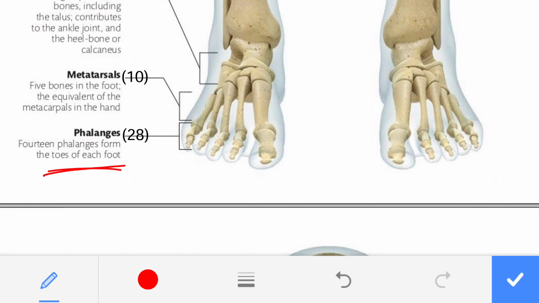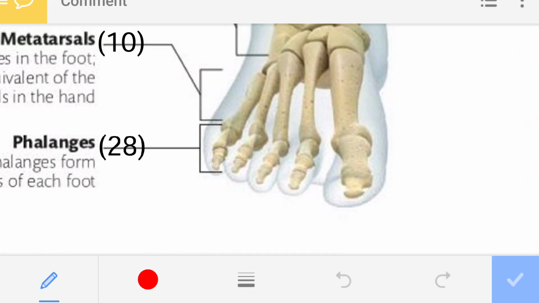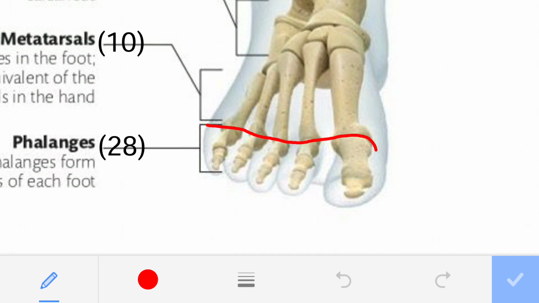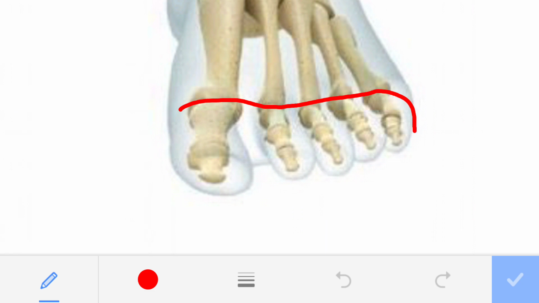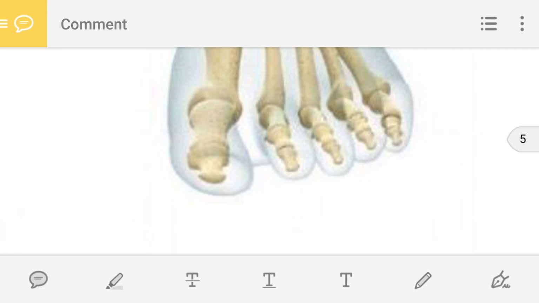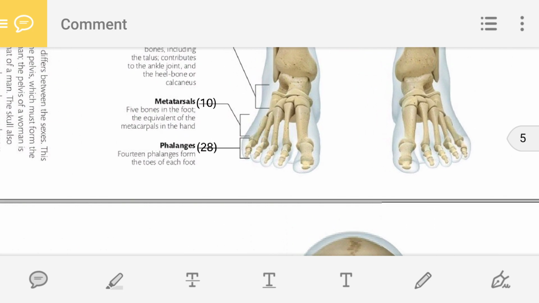In each foot there are 14 phalanges. So the fingers of our foot have 14 plus 14. If you count here, these are 14 phalanges, and on this side also there are 14. 14 plus 14, that means a total of 28 phalanges.